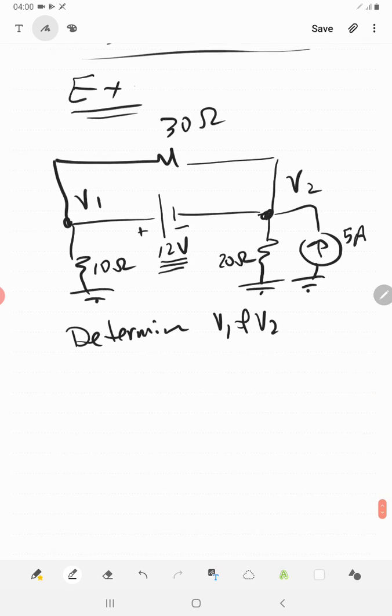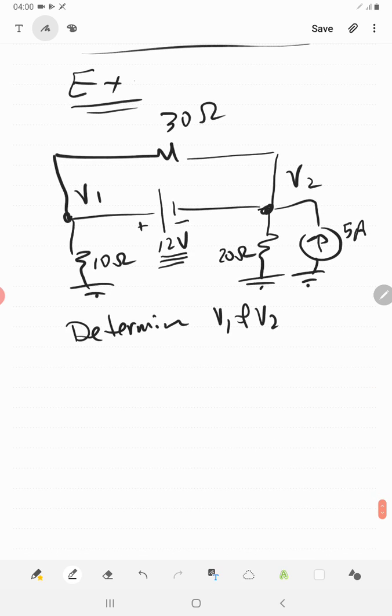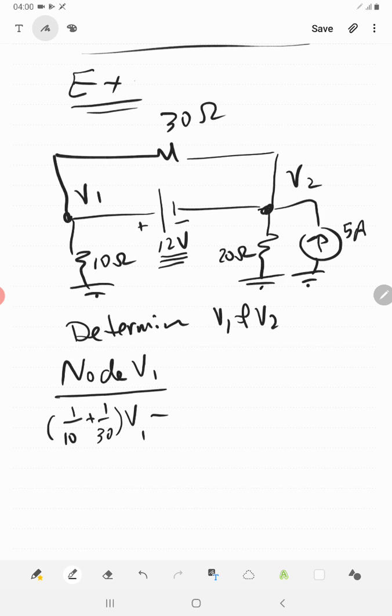So how do we write nodal equations? We simply say node V1. How many resistors do we have at node V1? We have 10 and 30. So we say 1 over 10 plus 1 over 30 times V1, connected to V2 through 30, so minus 1 over 30 V2 equal to, do we have a current source here? We don't have a current source, but we have a current in the voltage source.